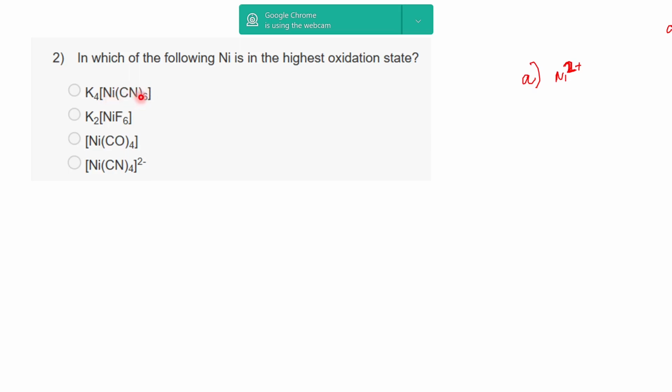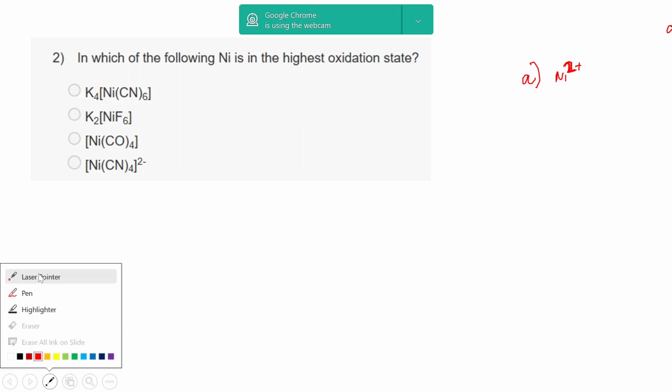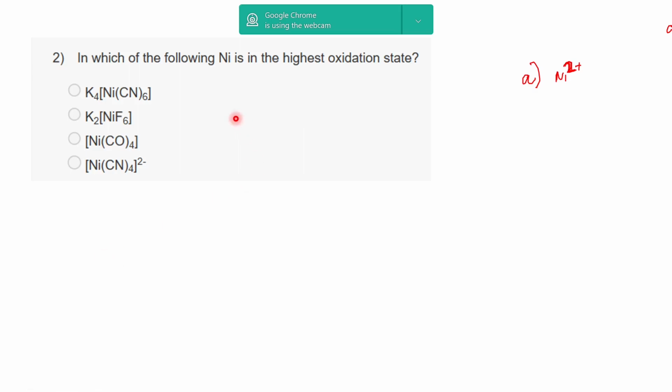So Ni(CN)6 is the complex, but this K4 is there to balance the charges. If you remove this K4, what will be there? Each K is giving one plus charge. So if you remove 4 plus, 4 minus will be remaining here, right? So we can write just the complex as Ni(CN)6 4 minus, right?